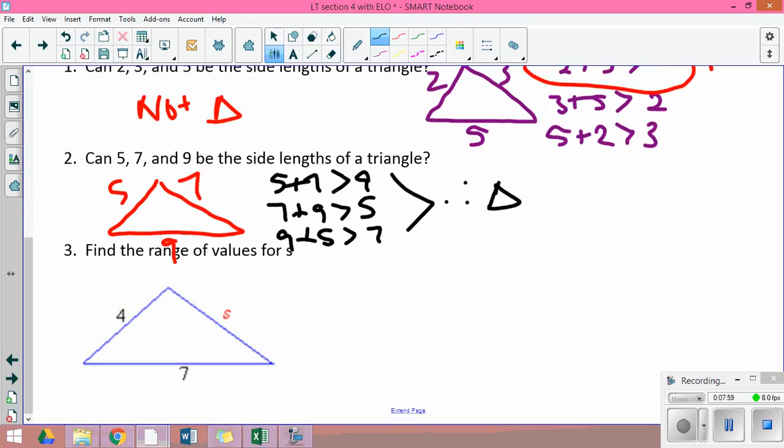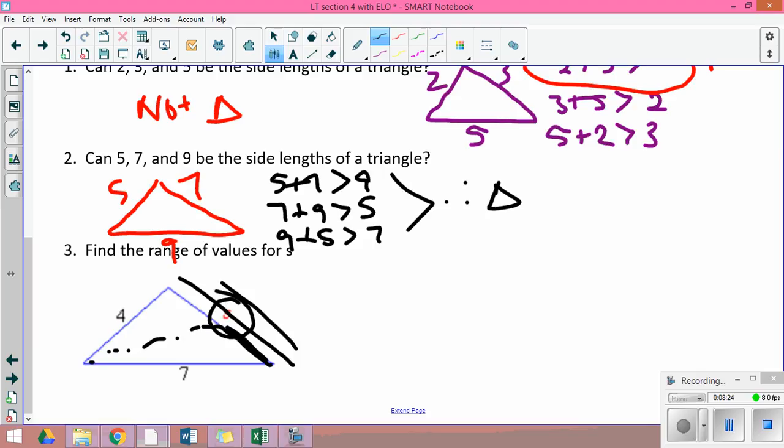This is also a useful theorem, a useful property, if we want to find a range of values for S. So let's say we're building a flower garden or we're building a fence. There's a range of values where this S could be this big, it could be this big, it could be somewhere in between. But it will only connect to make a triangle if we are within certain values.